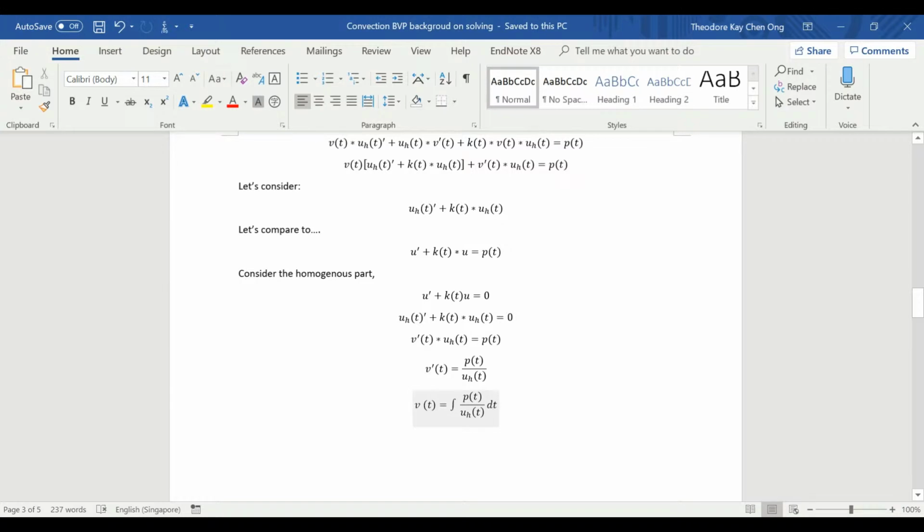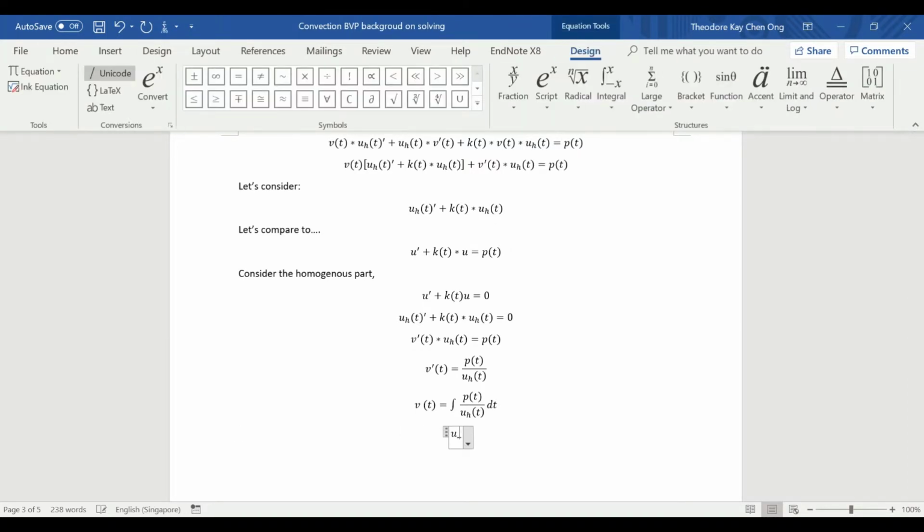So provided that we have already solved for the homogeneous part, now we can solve for the particular solution as well. We can find v of t, and if we can find v of t, we can find the particular solution, and that is equal to this whole thing here, v of t times u_h of t.